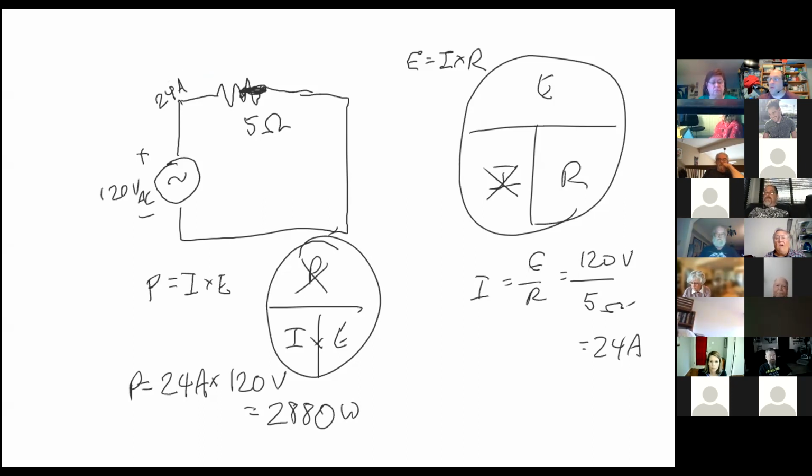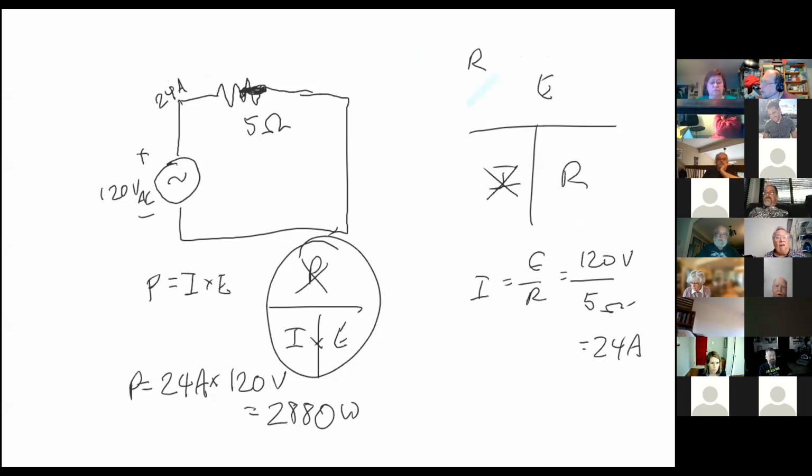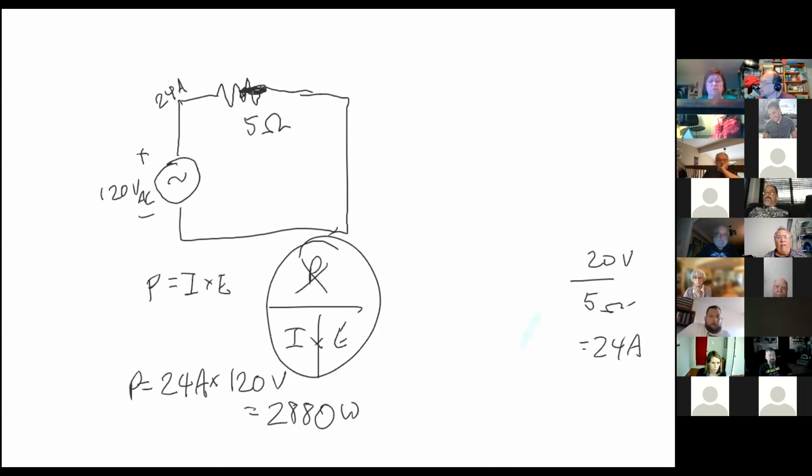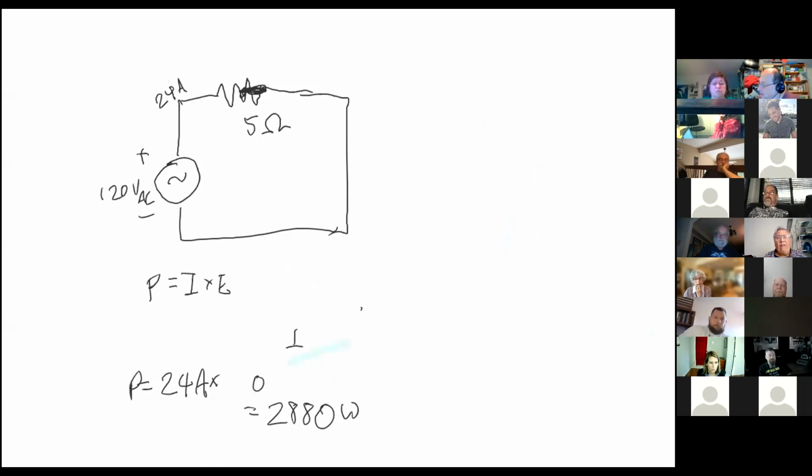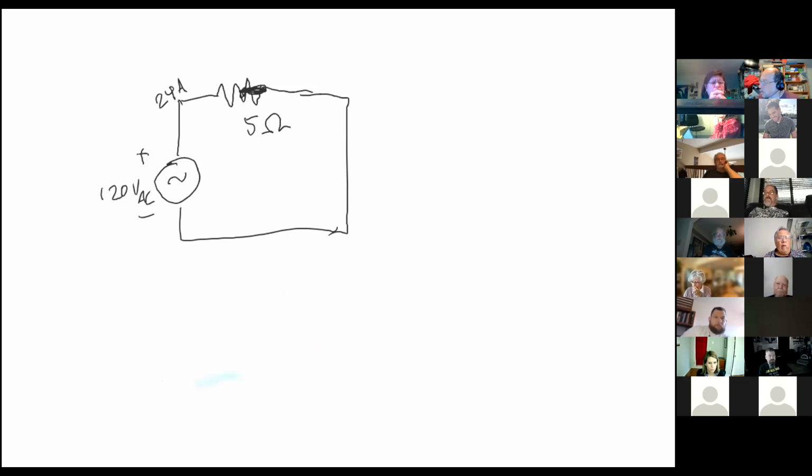Okay. So if that wire is carrying 24 amps, how is this whole thing being run? How do you plug it in, everybody? Well, I hope you have a wall outlet, right? And so how much current has to flow from the breaker panel through the wall to your wall outlet? 24 amps.